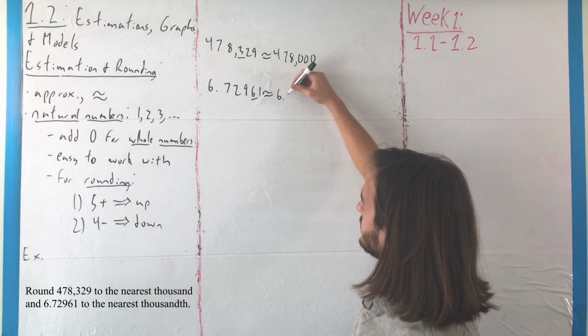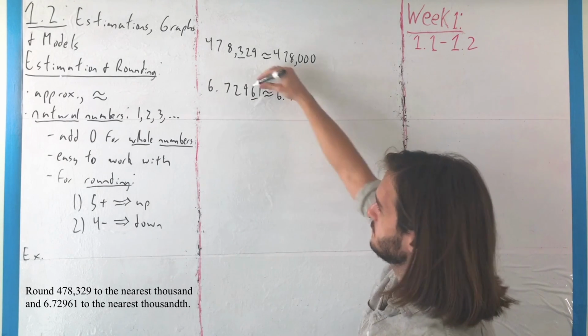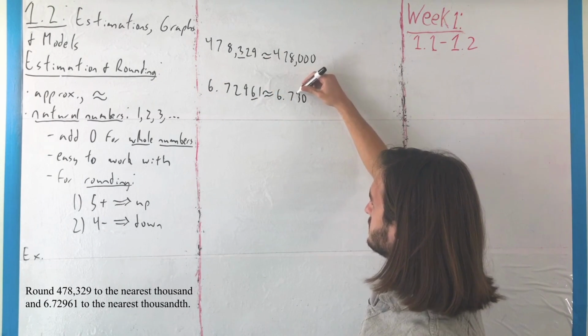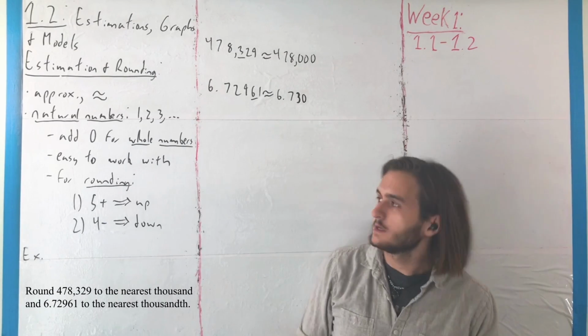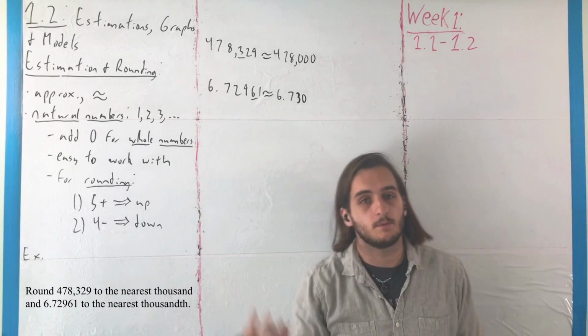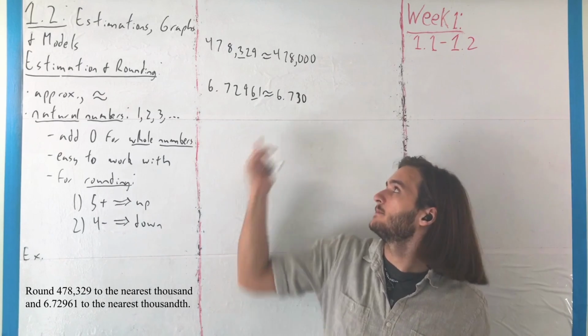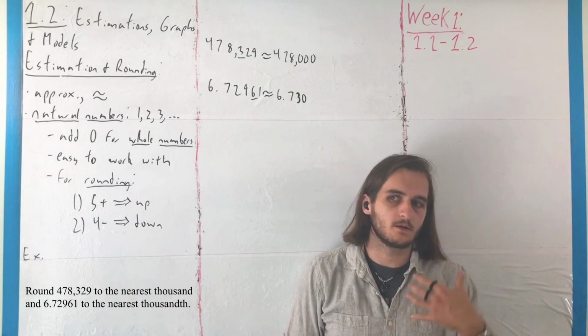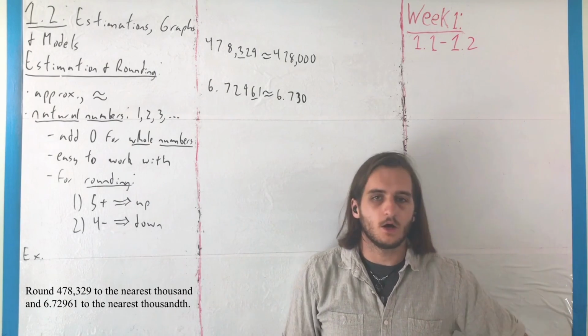So what we end up with is 6.7, 9 becomes 0, carry the 1, 3, 0. In this case, those values might be very important in certain contexts, but most of the time, these 3 digits will get the job done.